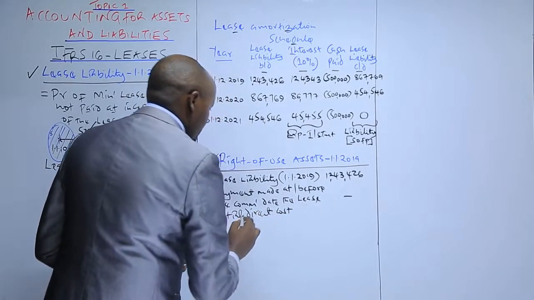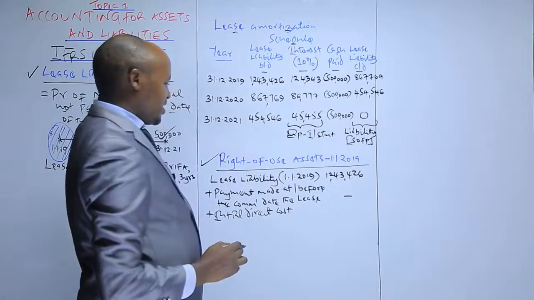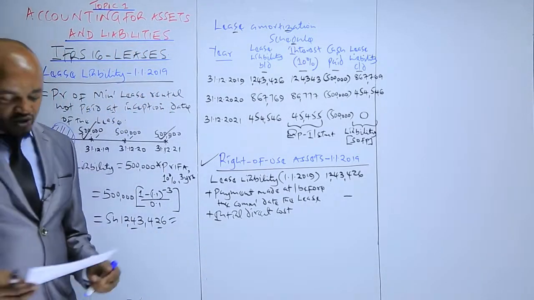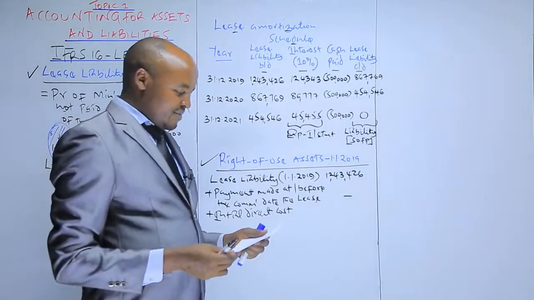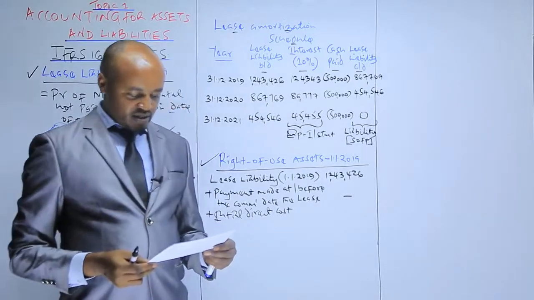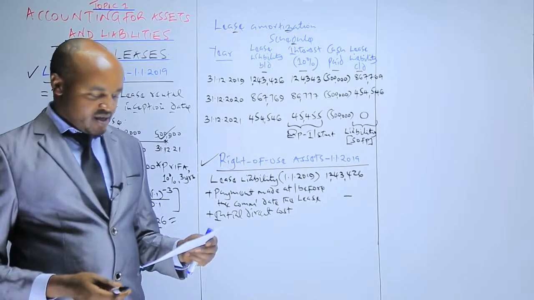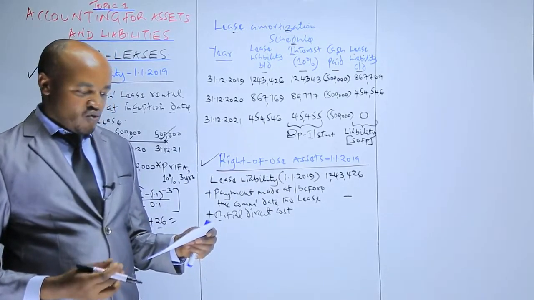This is any cost incurred at the commencement date of the lease. If you go back to our illustration, in paragraph number 2, we are told the initial direct costs incurred on the lease amounted to 30,000 and were paid for by Breakwood Limited.